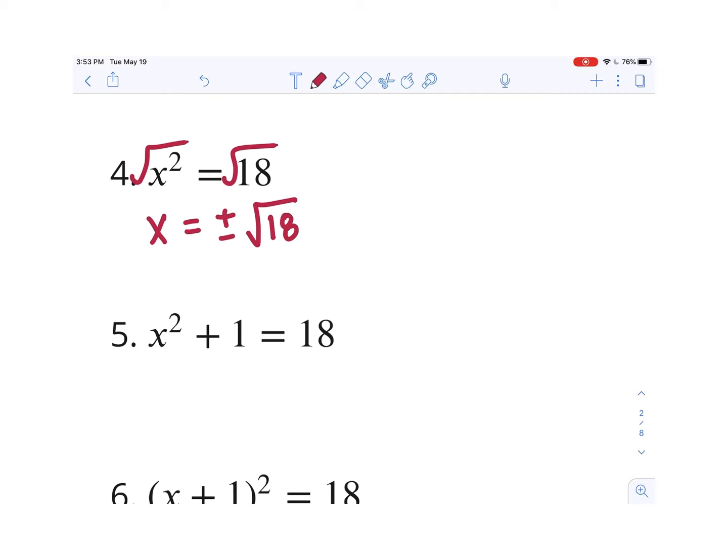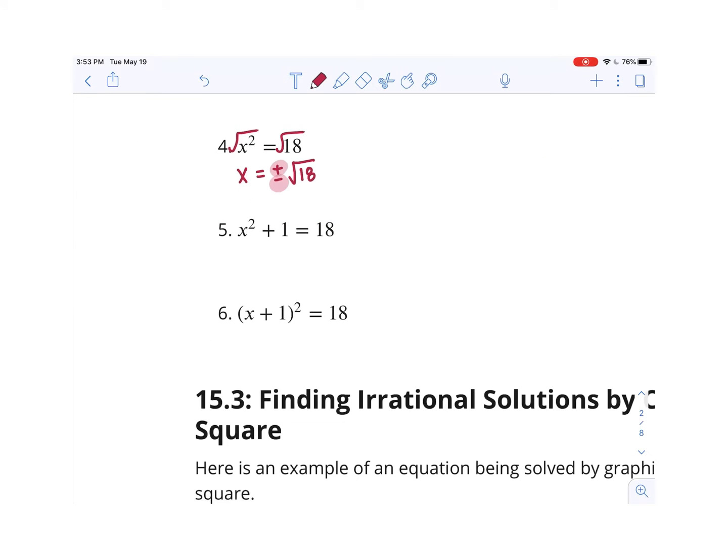The important thing to do is make sure that you simplify. So hopefully you remember what we talked about with simplification. So we know that the square root of 18 does have a perfect square factor of 9. So we have positive or negative root 9 times 2, which then simplifies to positive or negative 3 root 2. So don't forget to simplify your radicals.